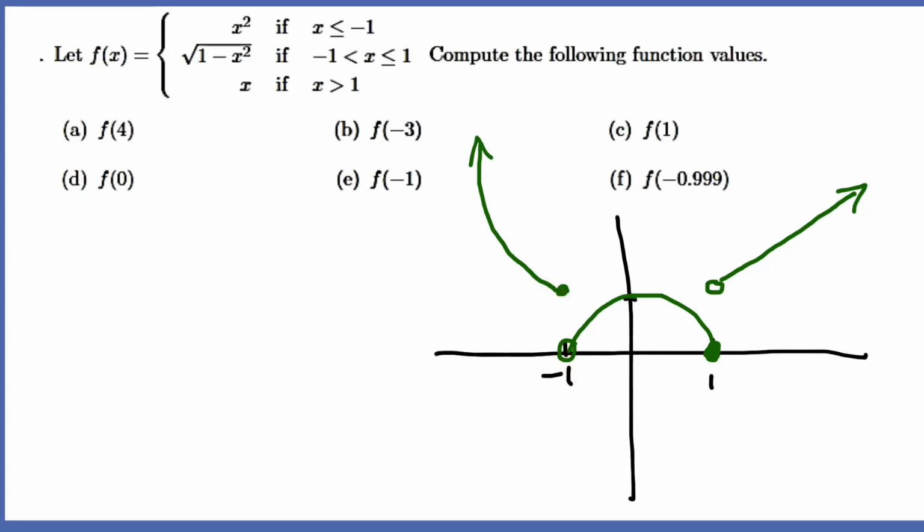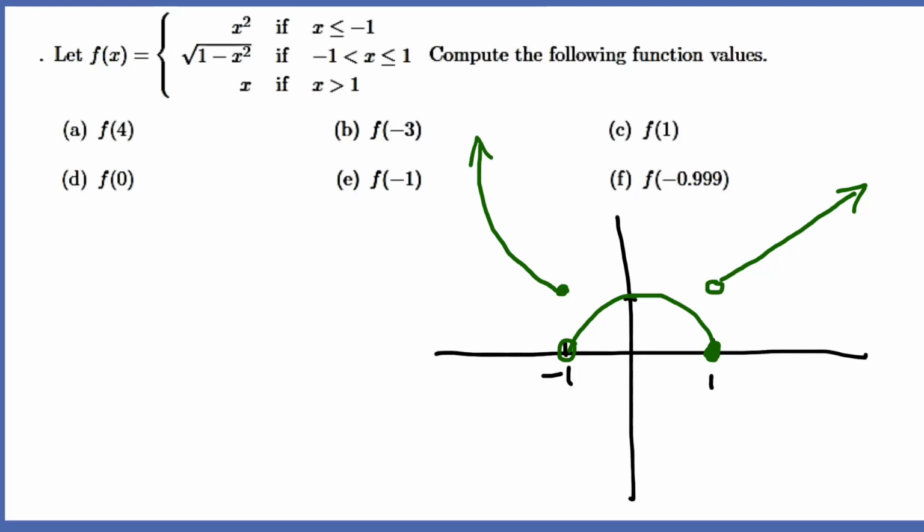The filled in dot at -1 goes with the x squared function. See, it's right there because of this little line here. Now when you get to 1, the filled in dot is on this curve of f of x, and it goes with this function here. And over here, when you get to this part of the curve, 1 is not in the domain of this piece of the curve here. Okay, so this is what we have here.